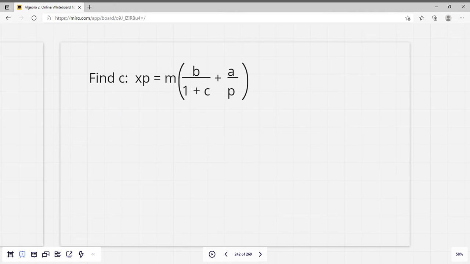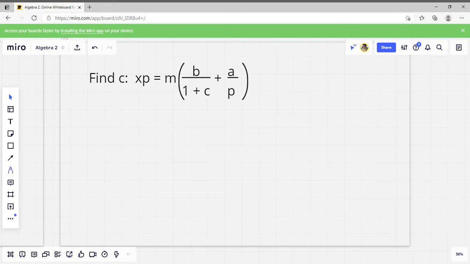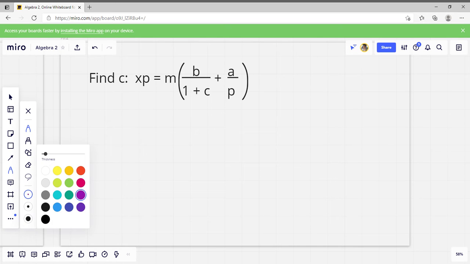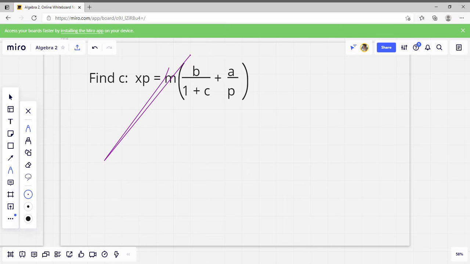Okay, so on this one, same thing basically. First we're going to rainbow right here. Put that over 1. So we get xp equals mb over 1 times 1 plus c plus, rainbow right there, ma over p.